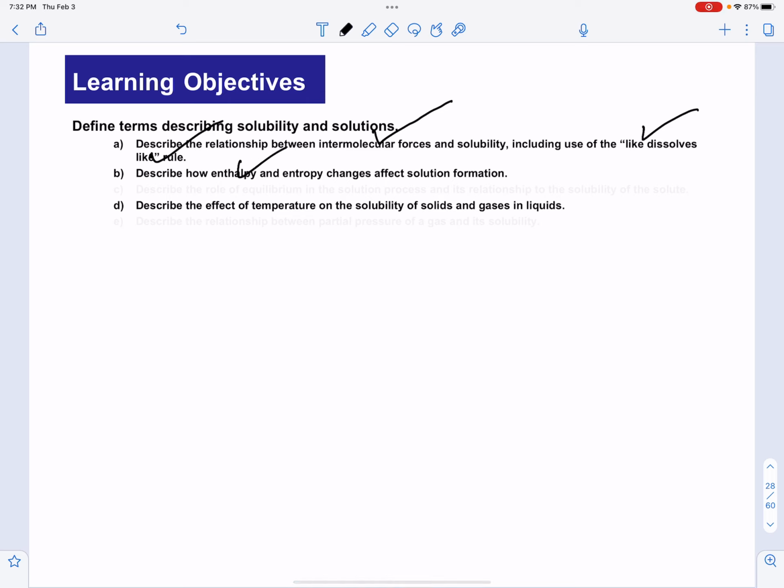We saw how the enthalpy and the entropy affect how a solid goes into a solvent to make a solution. And now we just saw how the temperature affects the solubility of solids and gases. So let's move forward.